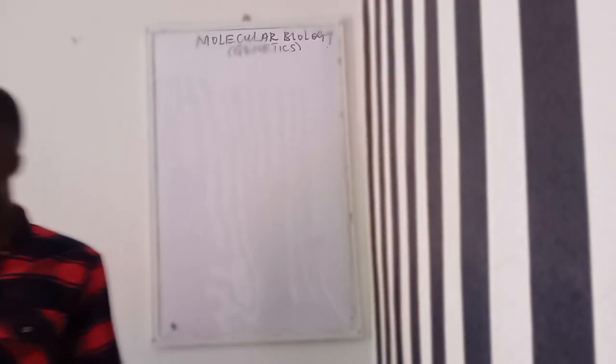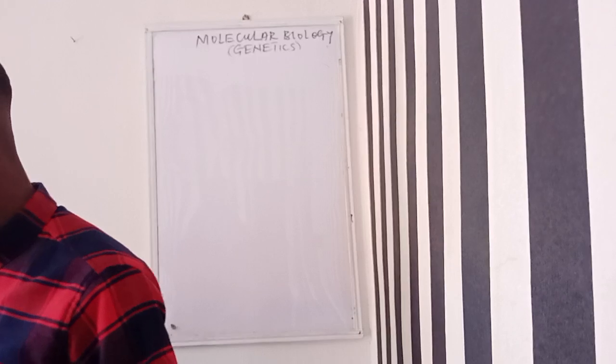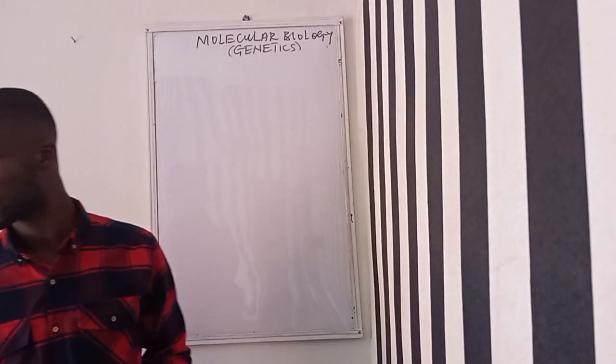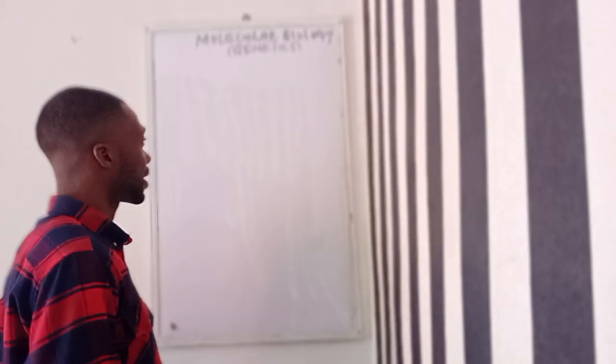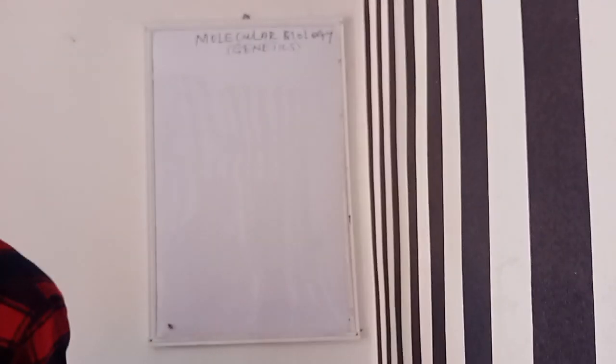So let's look at DNA replication. Like I've mentioned, the two strands of DNA are said to be complementary. They complement each other, because if I know what is in one strand, I can know what is in the other strand.